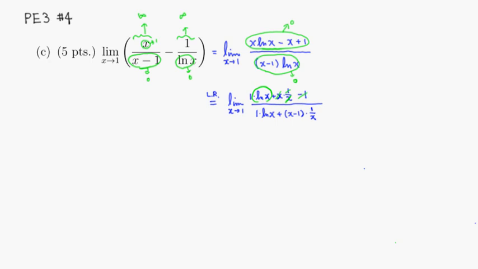So this is simplified as limit as x approaches 1, numerator natural log of x, and denominator natural log of x plus x times 1 over x, which is 1, and then minus 1 over x.